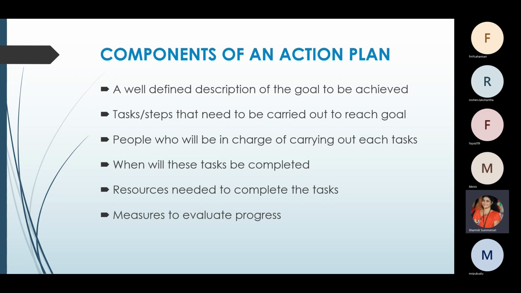With that proper action plan, you can achieve your goal. If you are not clear what you are going to achieve, then you will have problems or difficulties when you plan, right? So the first and foremost thing, you need to have a well-defined, clear, appropriate idea about your goal.